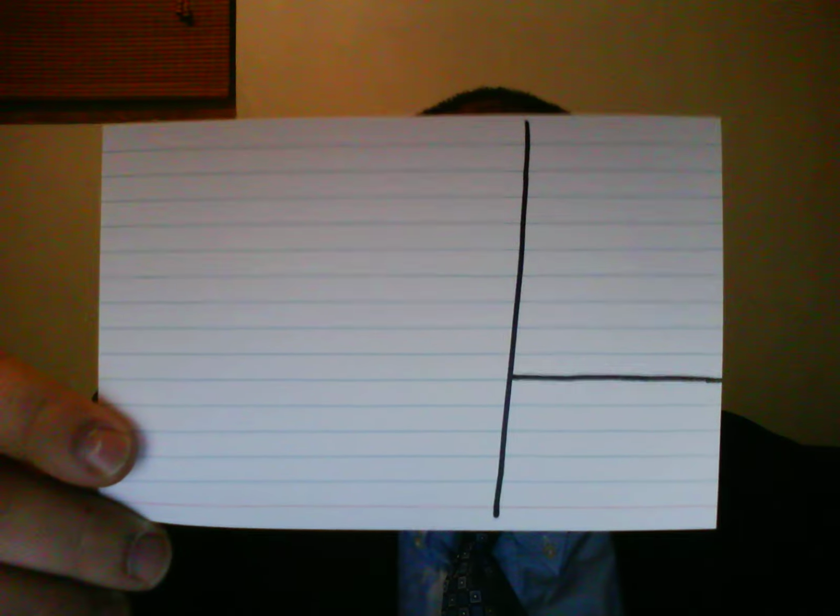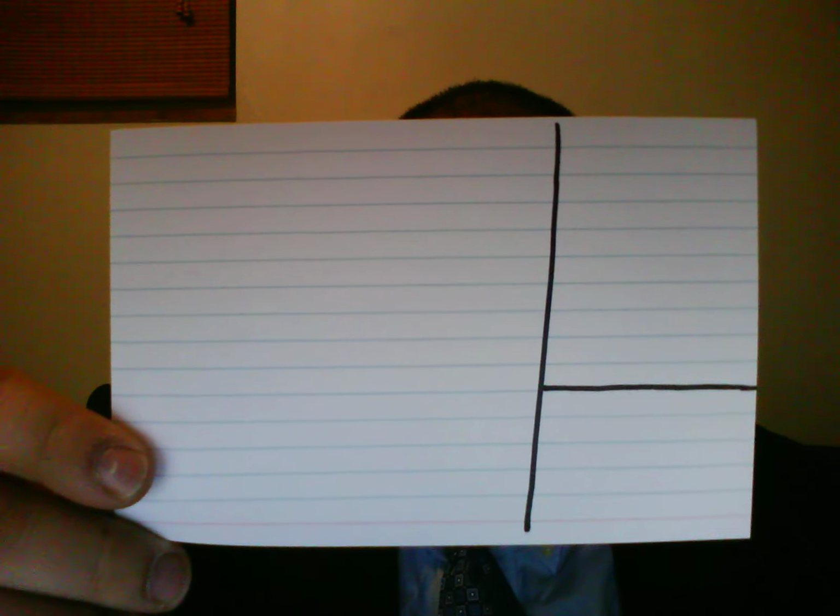So as you go along, you can choose how you want to organize it, but for now we're going to divide it as follows. So here I've divided my card, or this side of the sheet, into 3 sections.